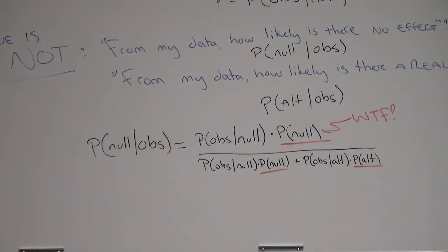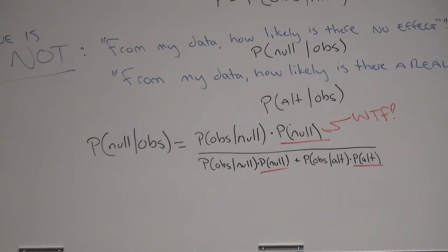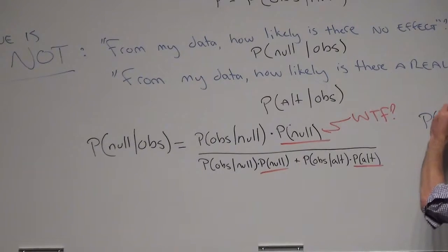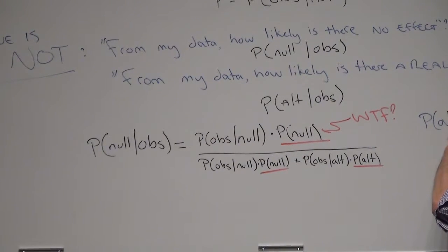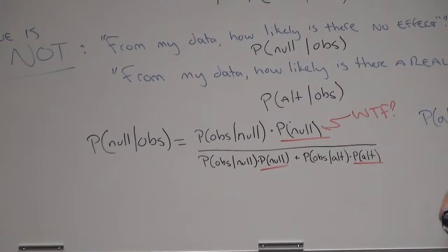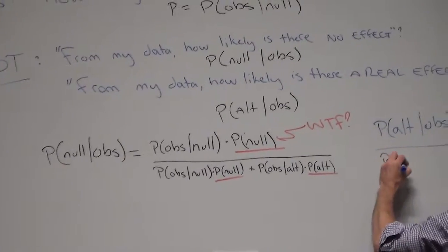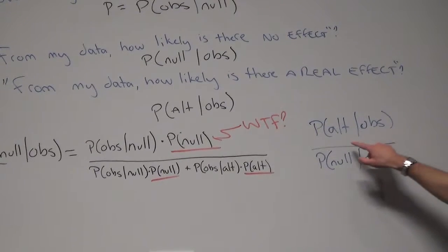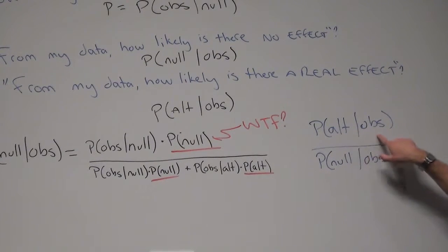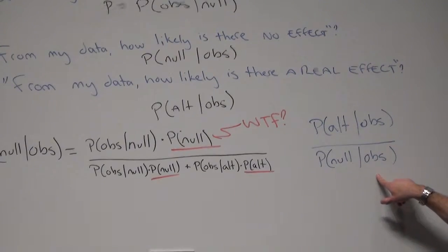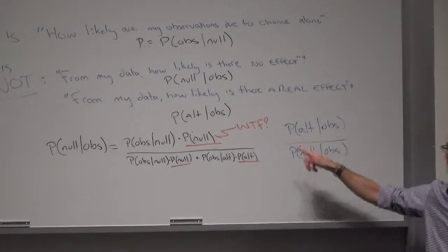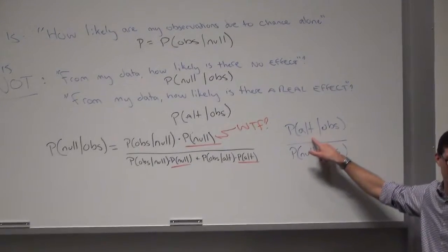And so really what we want to manipulate the math to is to get this quantity. So what's the ratio of the probability of the alternate hypothesis given what we see to the null hypothesis given what we see? How much more likely is it that the alternate hypothesis explains our data?